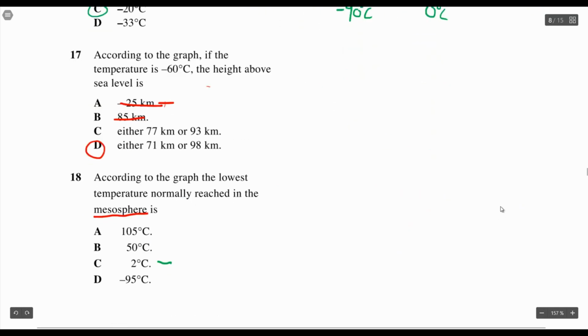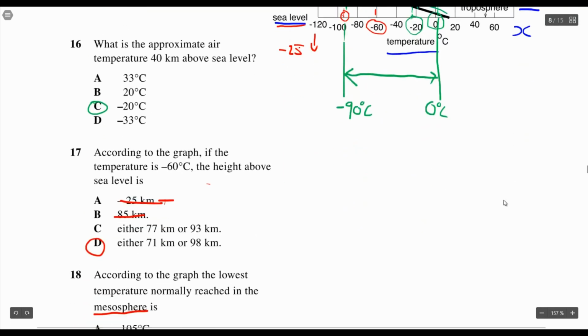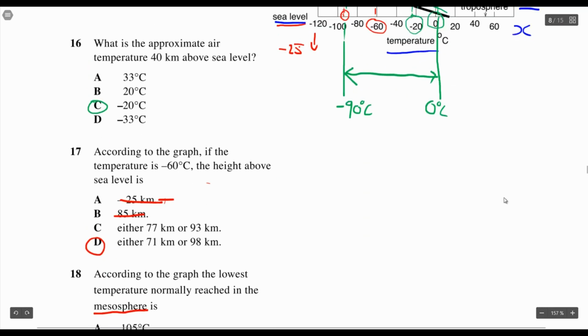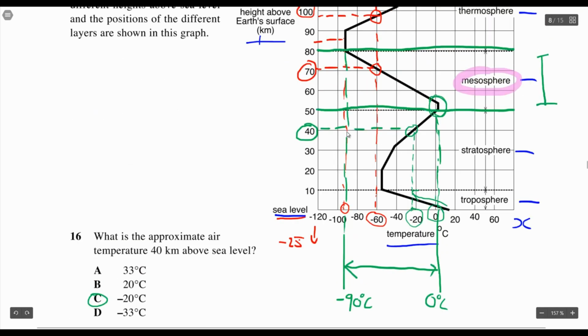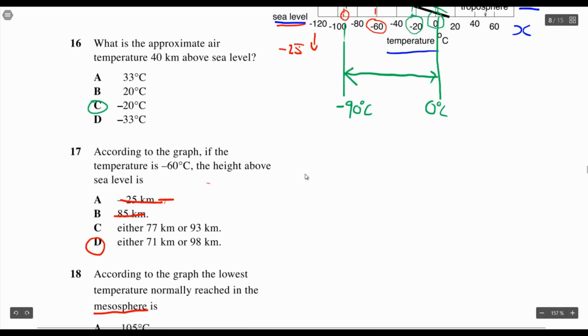We scroll down to the answers and say, okay, minus 95, that would be about the correct answer for this question. Looking at these 3 questions, to summarize, question 16, I'd say about 85% of the students will easily answer this. It's not that difficult. Question 17, a lot of students make a common mistake: they find the first point, which was here, around 70 kilometers above the Earth's atmosphere. They scroll down to the answers and start looking for 70 kilometers, and then they get confused.